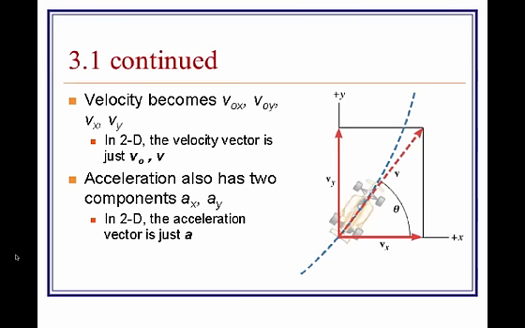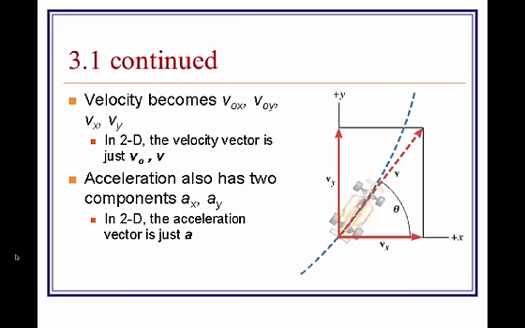As already mentioned, when analyzing situations in two dimensions, we really only need to look at the vector components, the x and y part. Here, we have a car with velocity v, of which there is an x component to the velocity and a y component to the velocity. By knowing the magnitude of v and the angle that it's at, we can solve for the x and y components.